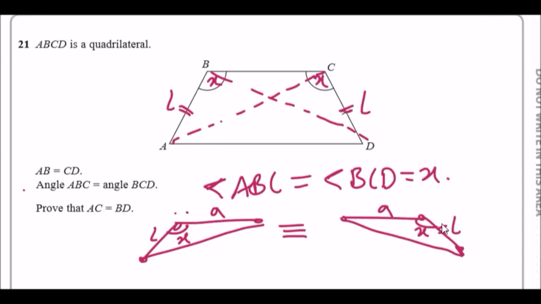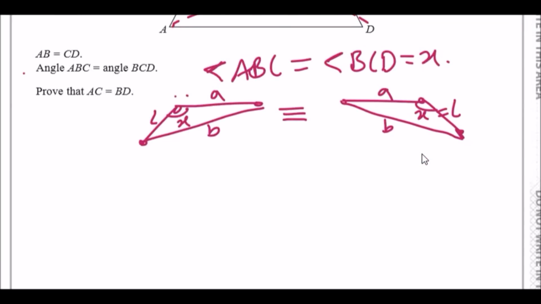If the lengths are the same and the angle is the same, if we use the cosine rule, we come to the conclusion that this final length, let's call it B, would also be the same. So both B's are the same.